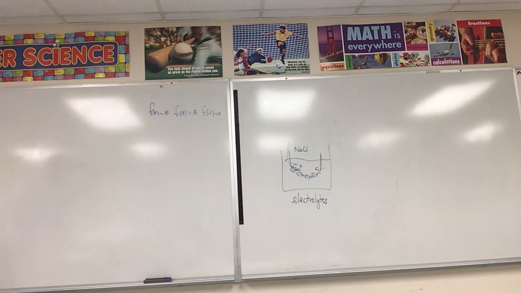That's number 19, right? So Jed, what do those symbols mean? F of 0 equals 5, F of 2 equals 3, and F of negative 1 equals 0. You have your notes?